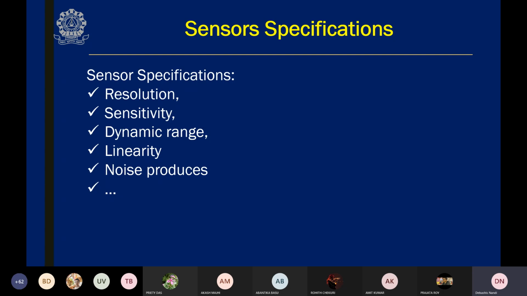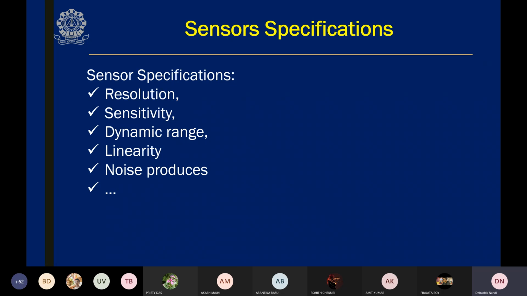For example, in a camera, if you try to increase the resolution of the camera, meaning the number of pixels of the camera, or you can say that if you want to reduce the size of the pixel for a camera, then automatically to cover a particular geometric area, the number of pixels will increase. And in that case, in the camera sensor, you have to increase the number of array elements.